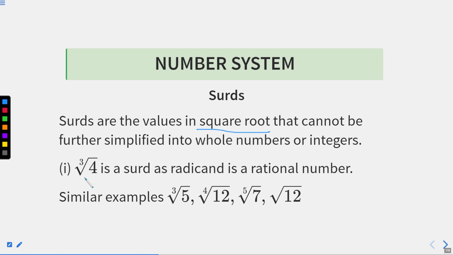Take an example of cube root of 4. We read this as cube root of 4, which is a surd.